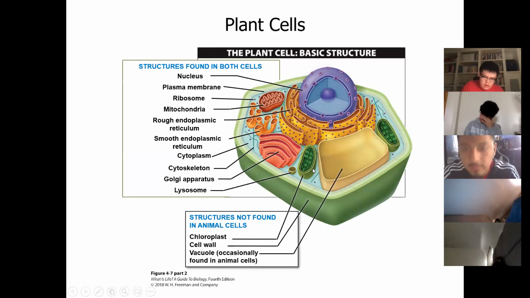But plants have an organelle called chloroplast, and this is the organelle that is in charge of photosynthesis. Plants have a big sac with water. It's called vacuole. Vacuole keeps the water for the plant cell.